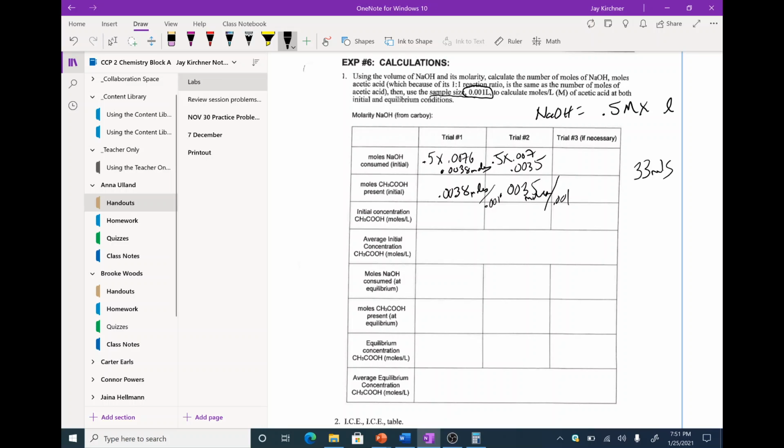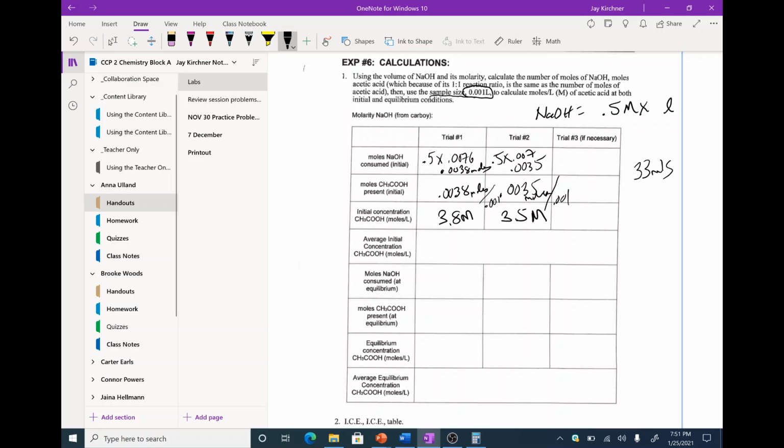Let's put 0.0038 divided by 0.001. And if we do that, we're going to come up with 3.8 molar and 3.5 molar.